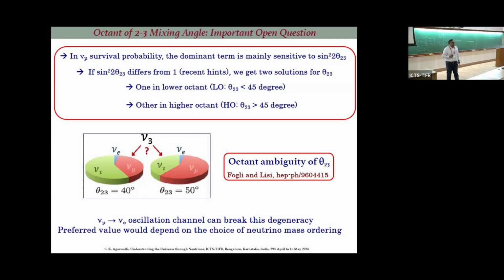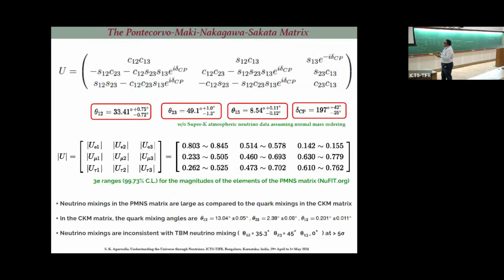Yes. Yeah, that is the result at some confidence level, yes. Yeah, it is 1 sigma. If you go to 3 sigma, then you can cross 45 degrees. It is a 1 sigma number.